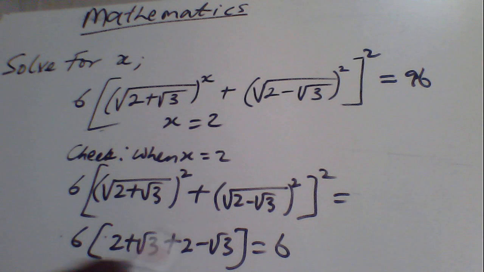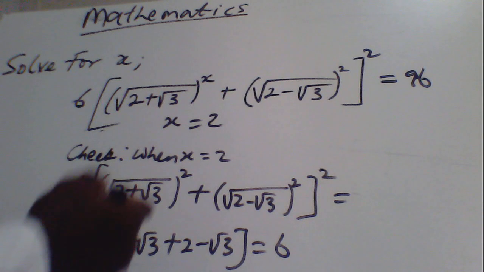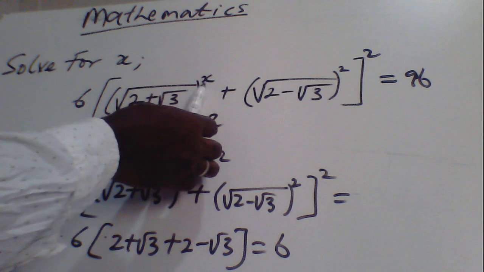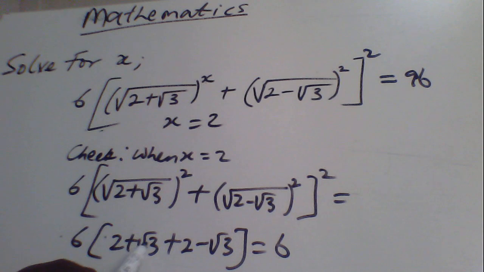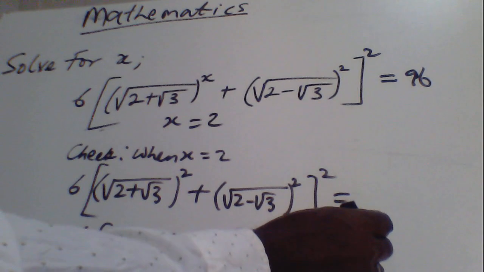So x is 2, so we put 2 here. We have 2 plus root 3 plus 2 minus root 3, that gives us 4. So that will give us 24.